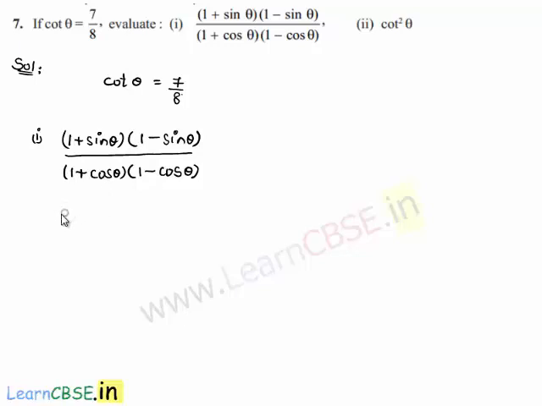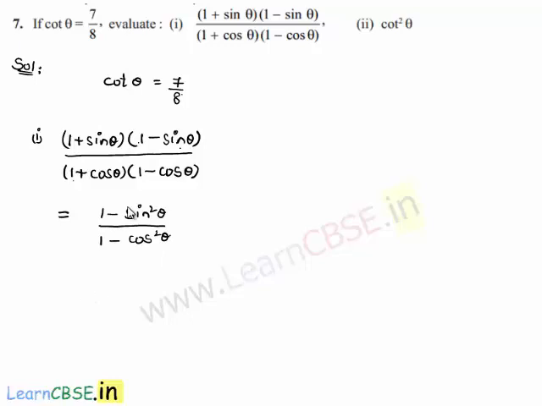We know that (1 plus sin theta)(1 minus sin theta) is equal to 1 minus sin square theta, as the above is in the form of (a plus b)(a minus b), which is nothing but a square minus b square. In the denominator also we have (1 plus cos theta)(1 minus cos theta), which is nothing but 1 minus cos square theta.